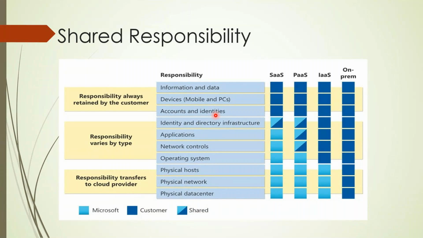Then I have to set up the physical network, that is, my internet connectivity, the networks, routers, those things I'll take care of. This is step number two. So first I will have the physical data center, the building I would say. Second is my network. And third, I should have the physical servers in place. I should keep all those.